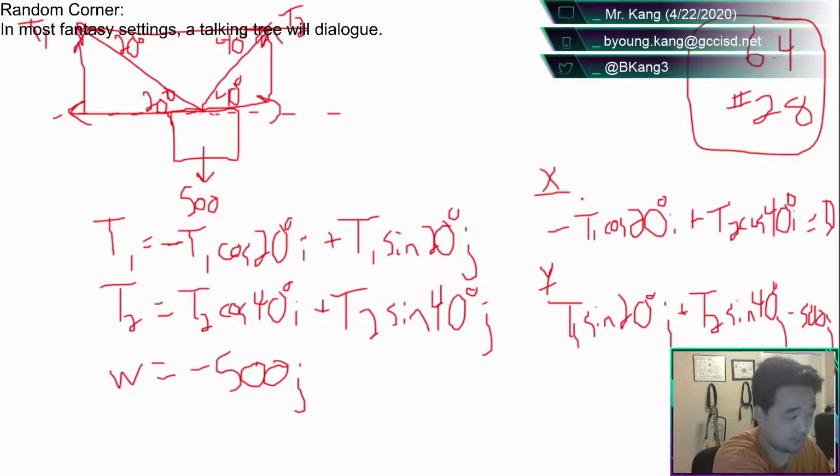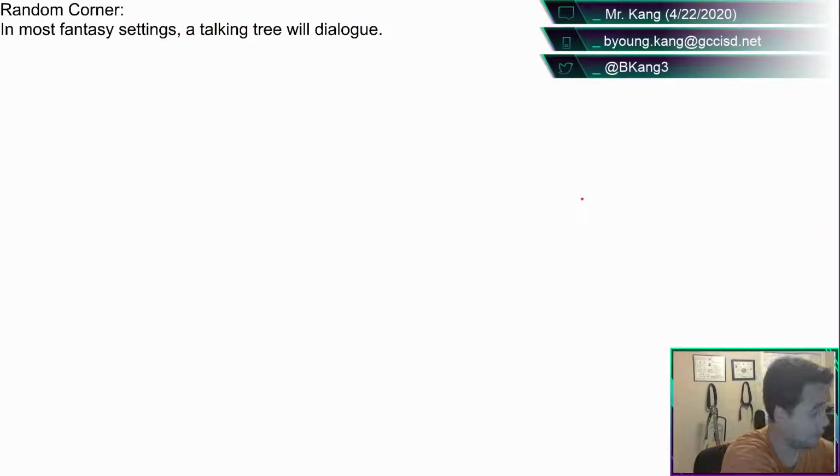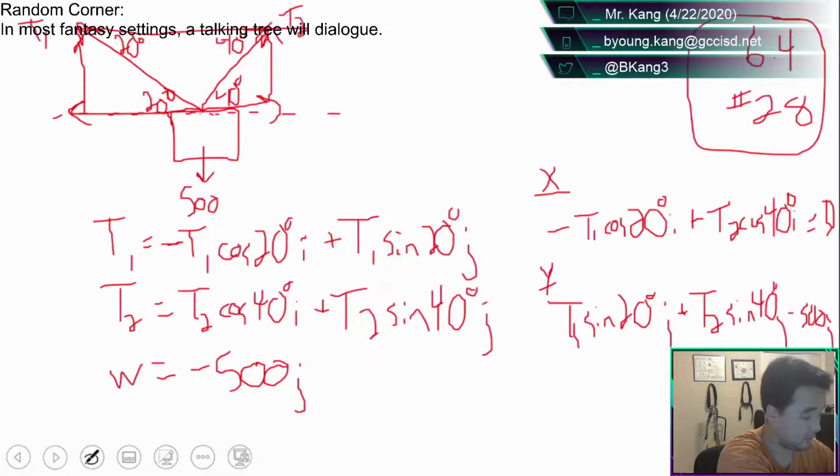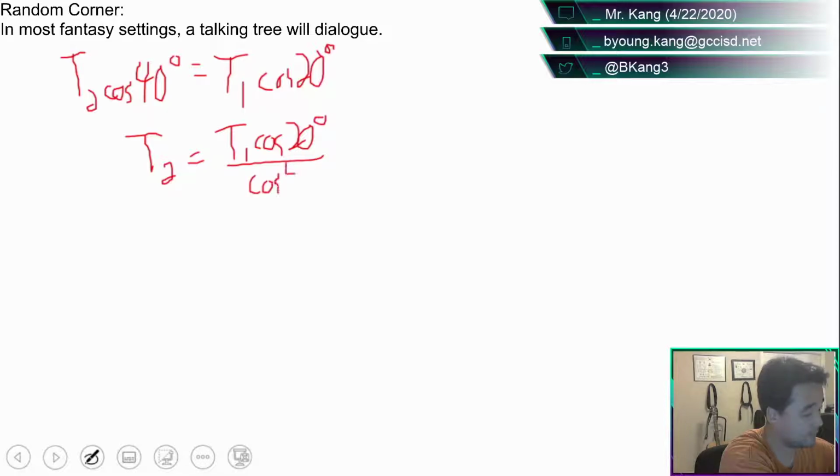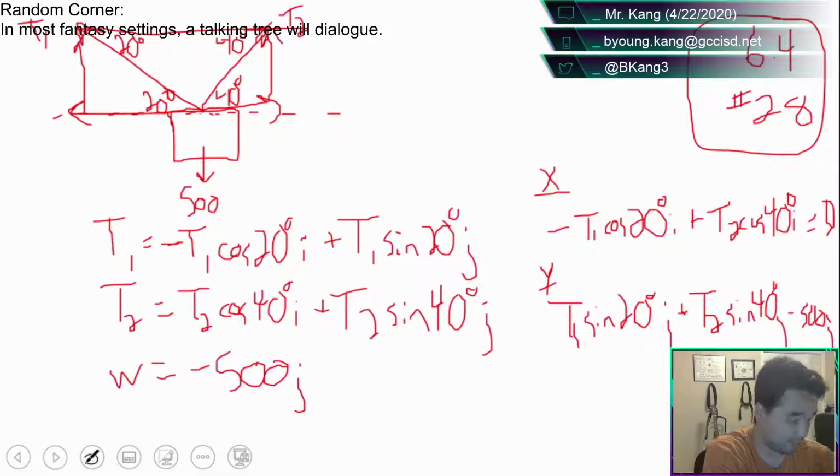And we can say T2 cosine 40 equals T1 cosine 20. So therefore, T2 is T1 cosine 20 over cosine 40. And I can substitute that T2 into the second equation here.